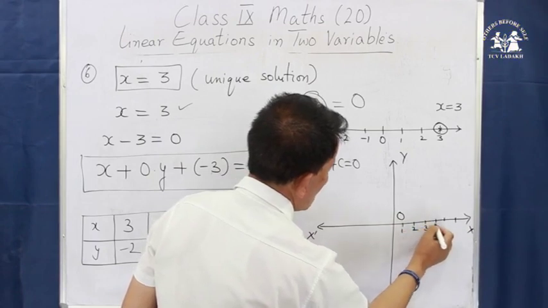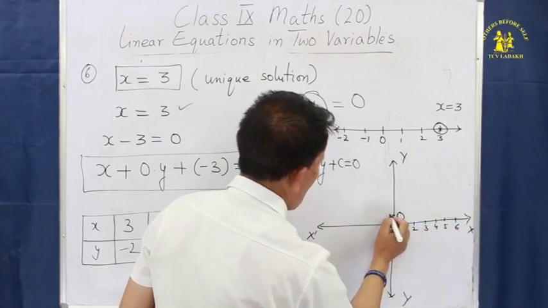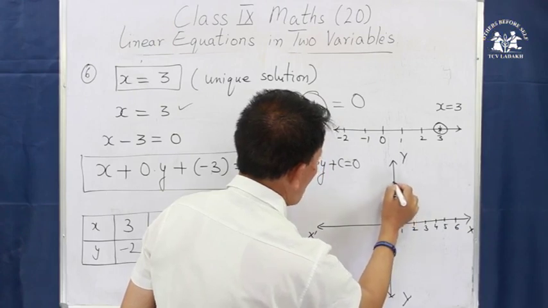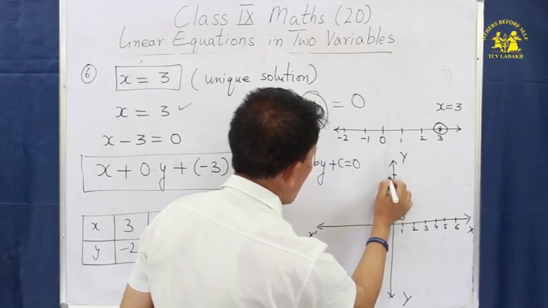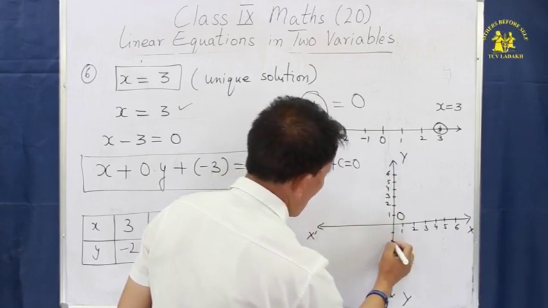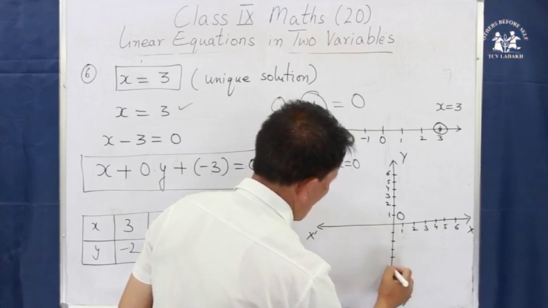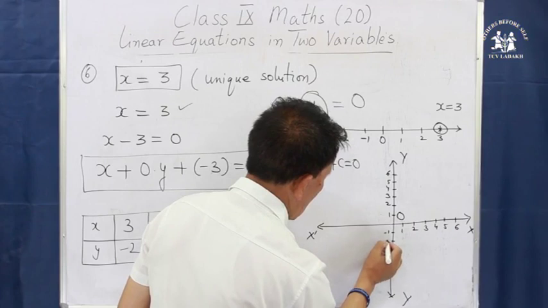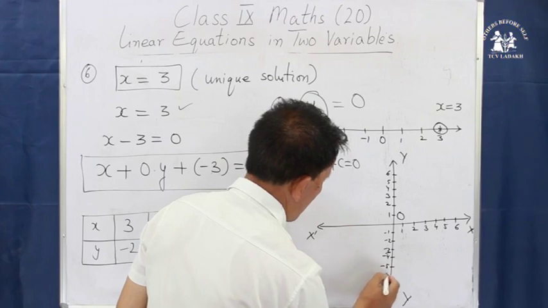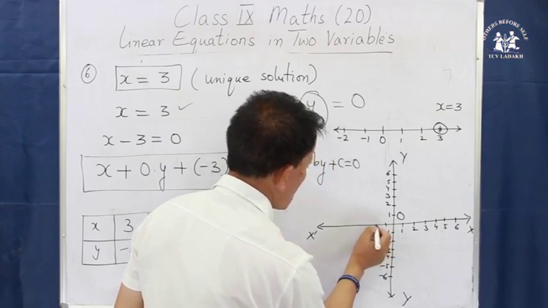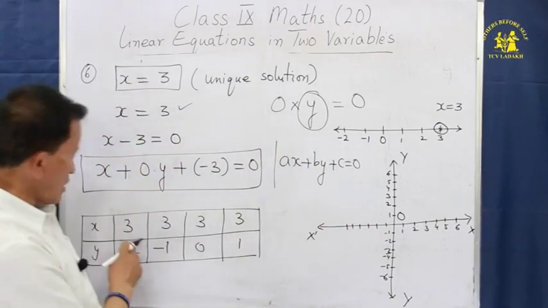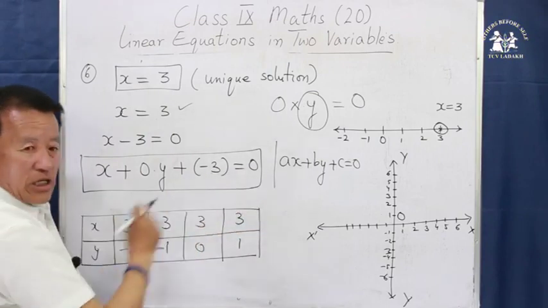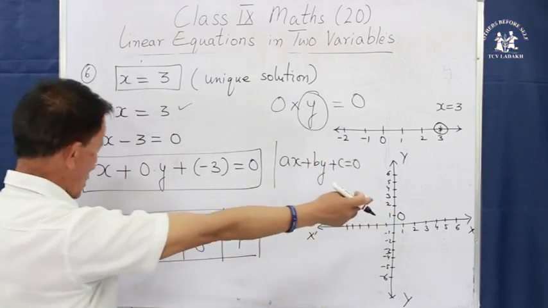Similarly on the y-axis, 1, 2, 3, 4, 5, 6. And then you have minus 1, minus 2, minus 3, minus 4, minus 5, minus 6 on both axes. Okay, now let's represent these points on the Cartesian plane or the graph.